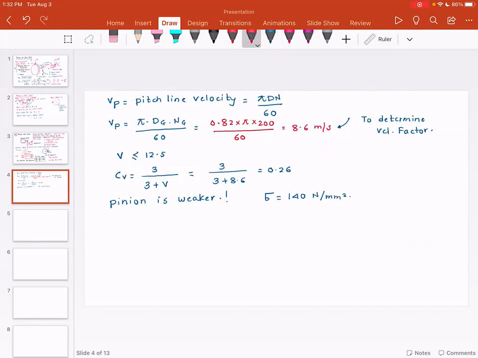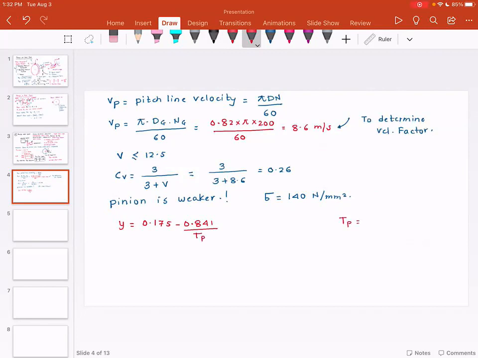The value for the Lewis's form factor Y is equal to 0.175 minus 0.841 divided by TP.